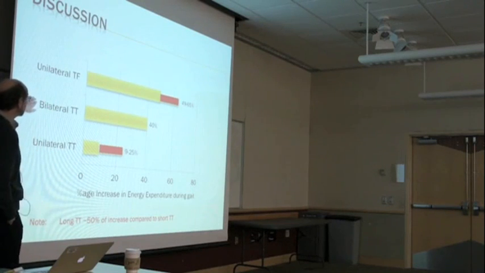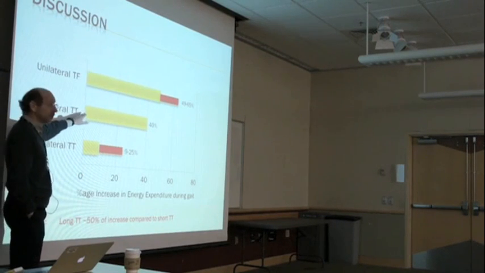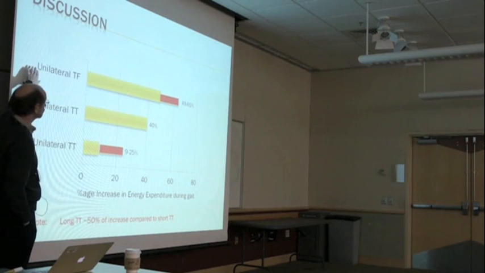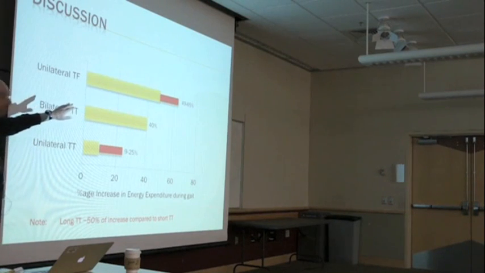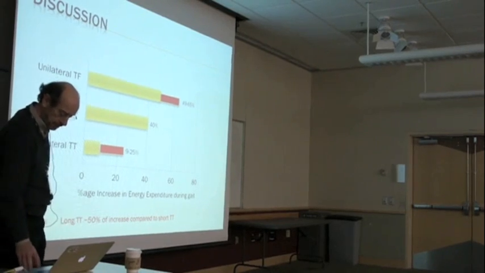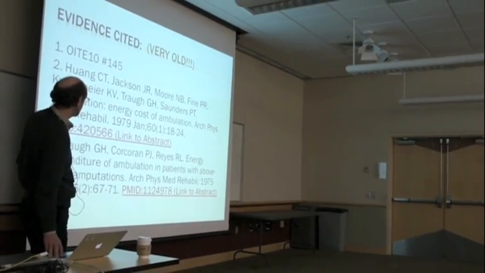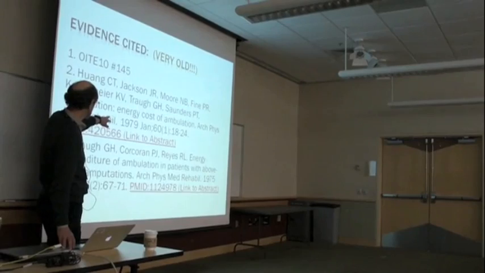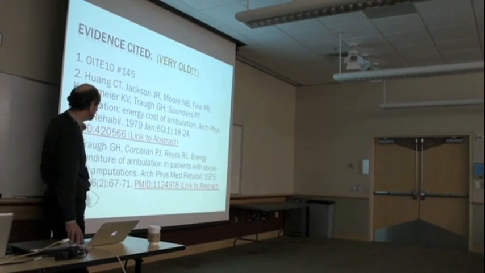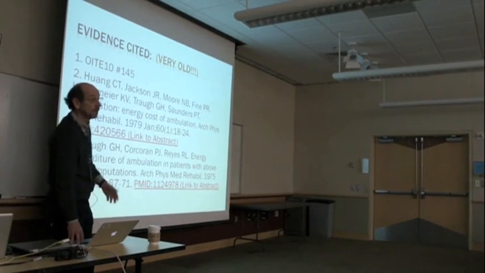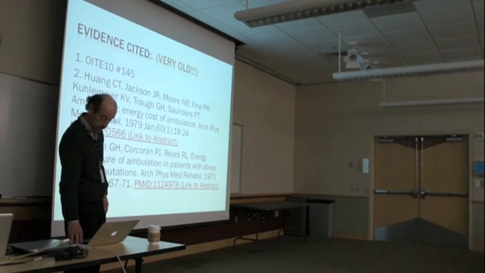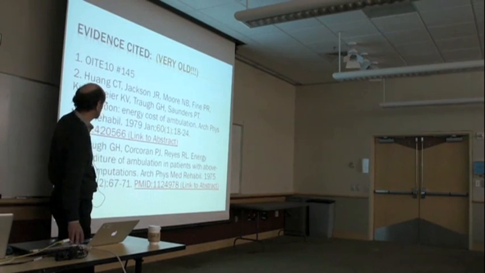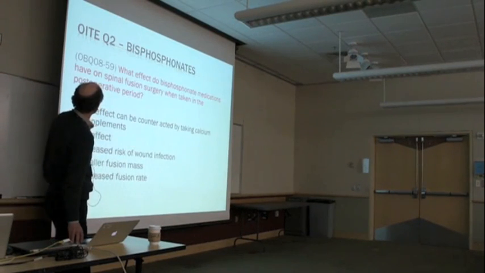If you have a bilateral transtibial, 40%. If you have a unilateral transfemoral, anywhere from 49 to 65%. Now the literature that they base this on is very old. Notice that this is a 1979 paper and a 1975 paper, but that's what they've got, and those numbers in the diagram might be useful to you.